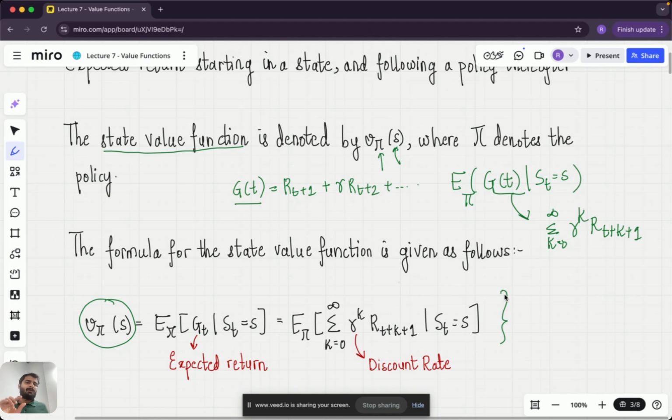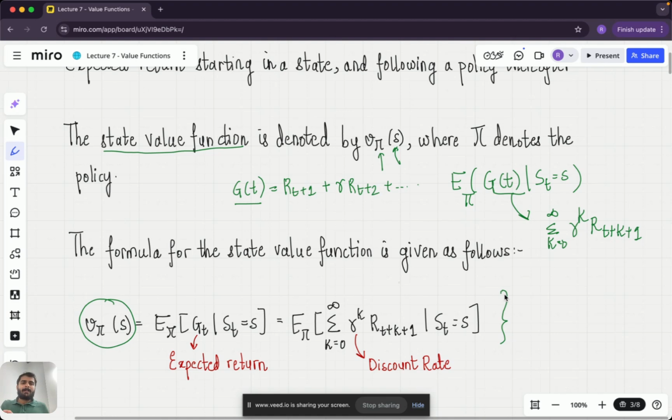And then we have a discount rate there, because we are saying that future rewards are not as valuable as immediate rewards. Remember the discussion we had where we said that if you have a 100 rupee note, then the value of this 100 rupee note 5 years later is much less compared to the value of this 100 rupee note right now. And the concept here is very much similar.